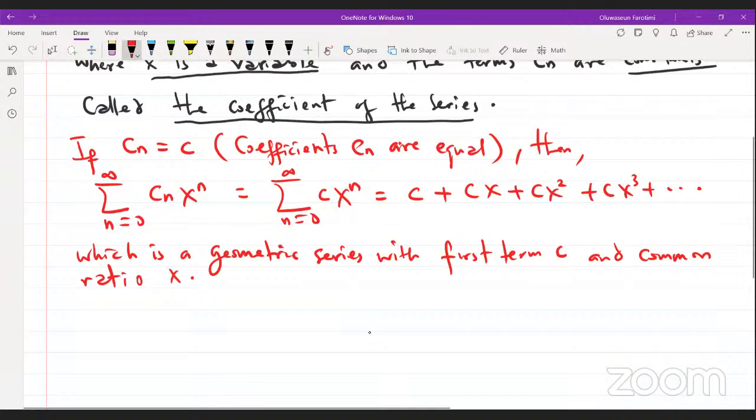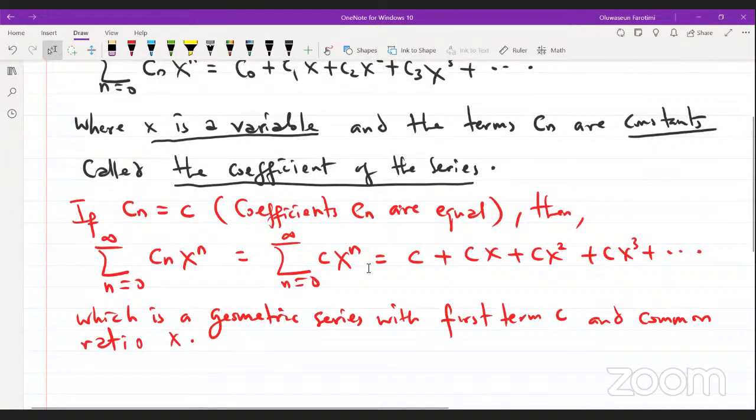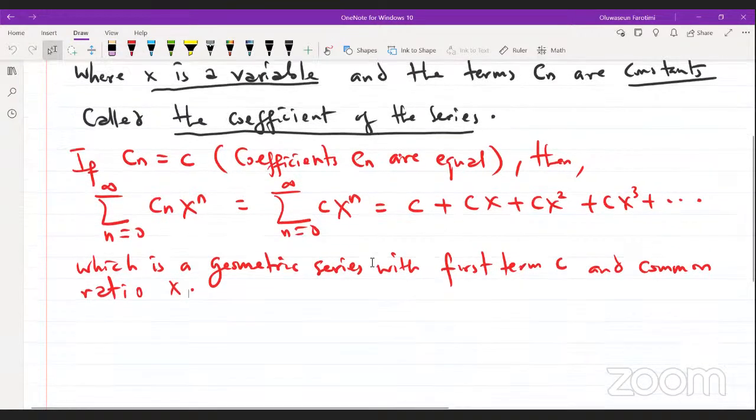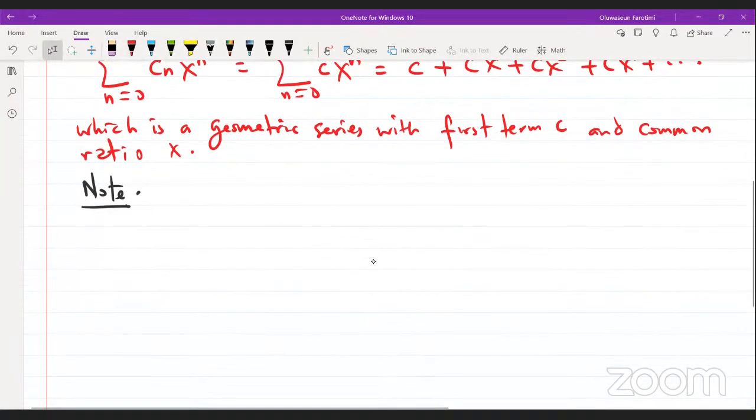Okay, so there are a couple of things to take note of. I already mentioned earlier that x is a variable. Let me put that together here as notes. There are three things I want you to take note of. Number one is that x is a variable.